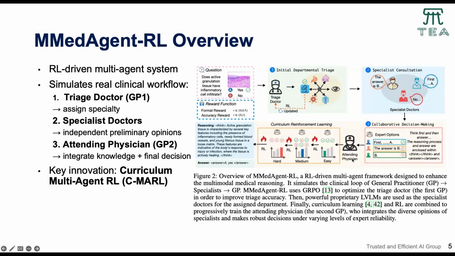And finally, another attending physician will derive a conclusion based on the output of the specialists. And they use curriculum reinforcement learning to optimize this multi-agent pipeline to get better performance. Now let's look at them in detail.